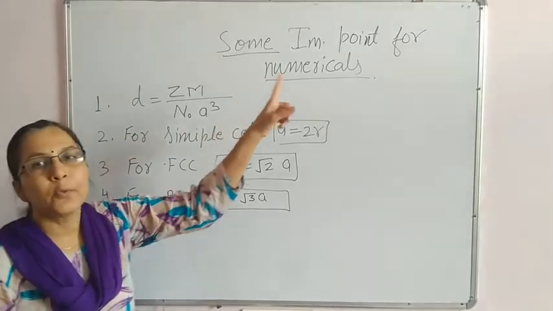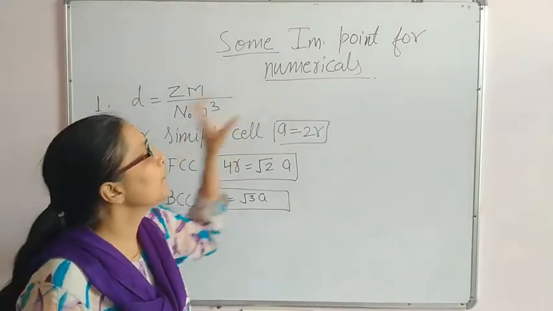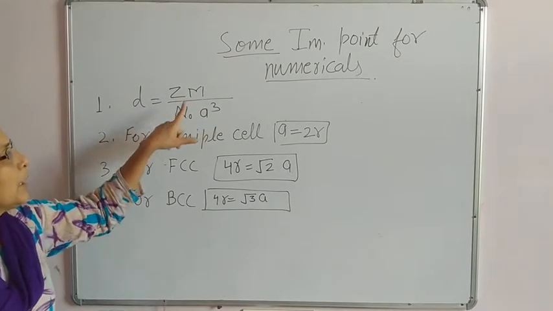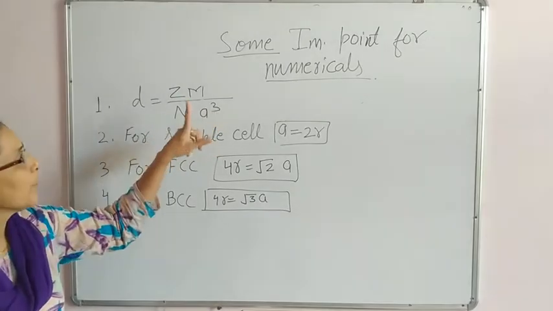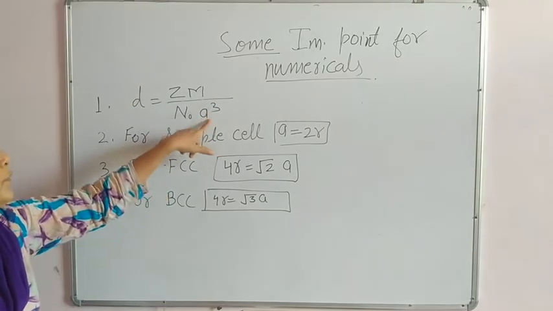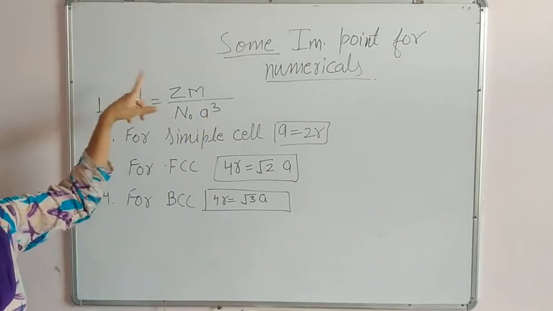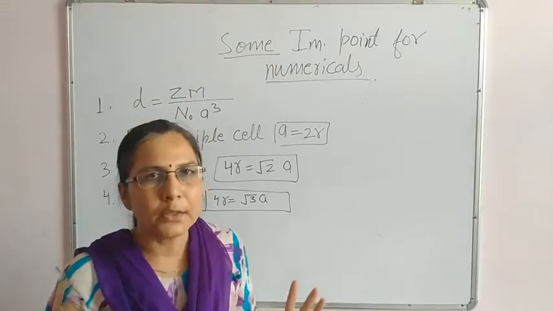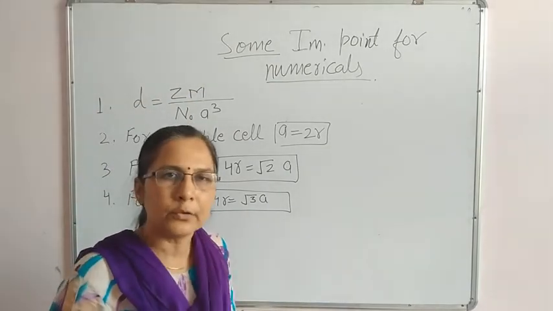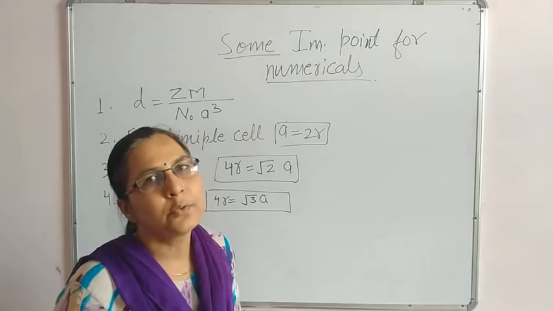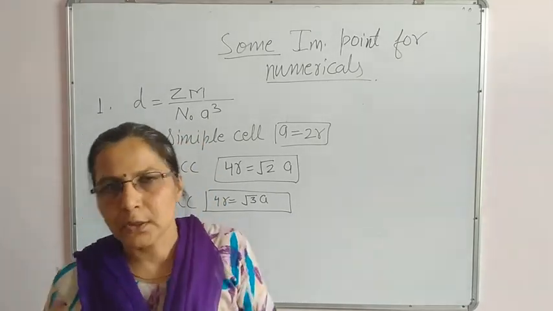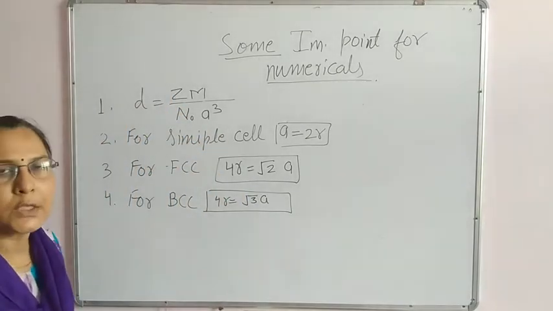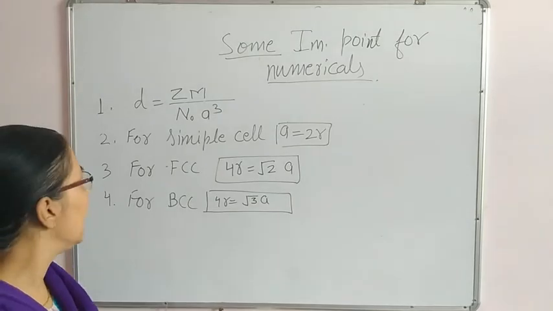Some important points for the numericals. Very first, regarding the density numerical, d is equal to Z M upon N naught A cube, where A is the edge length of the unit cell and Z is the number of atoms in the unit cell. Z is equal to 1 for simple unit cell, Z is equal to 2 for body centered unit cell, and Z is equal to 4 for face centered cubical unit cell.